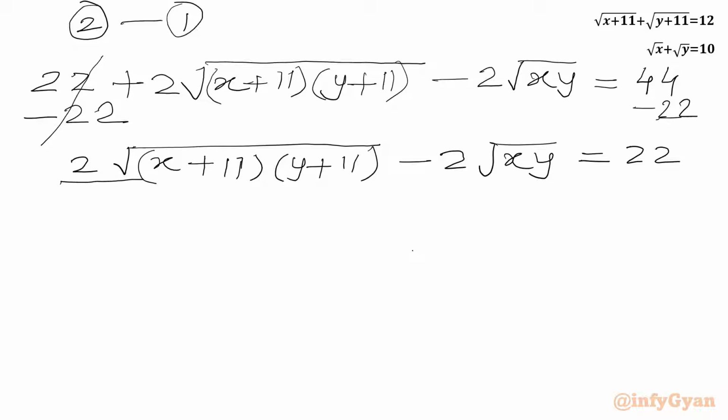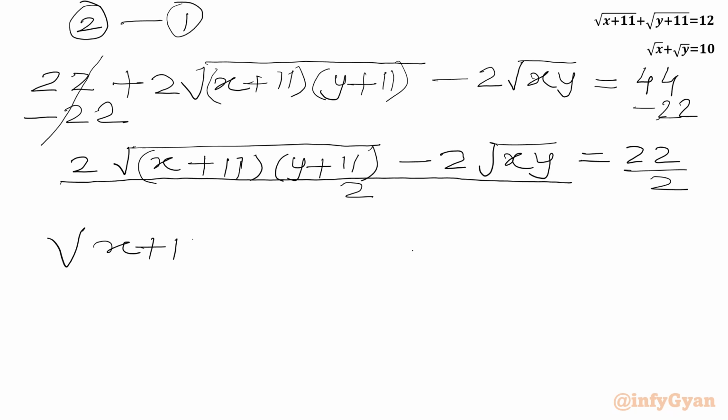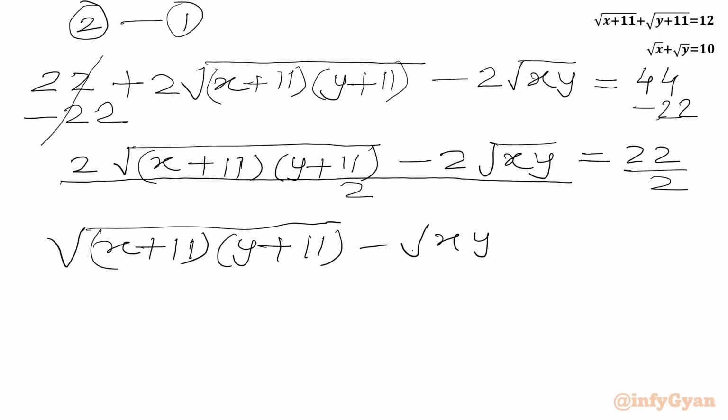So after dividing by 2 both sides, we are going to get √((x+11)(y+11)) minus √(xy) equal to 11.